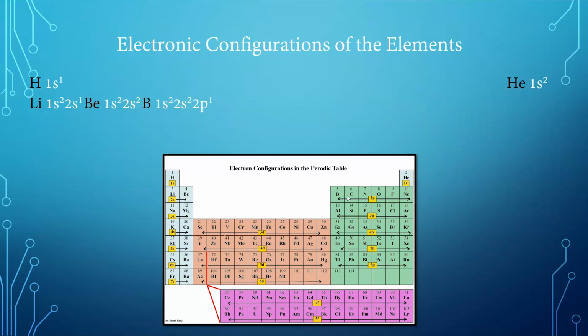As we continue across the second period, we're just going to continue filling up that 2p subshell. So carbon will go to 2p2. Nitrogen will jump to 2p3, oxygen to 2p4, fluorine to 2p5, and finally we get to neon, which will end with 2p6. By the time we get to neon, we have now completely filled energy level number 2.